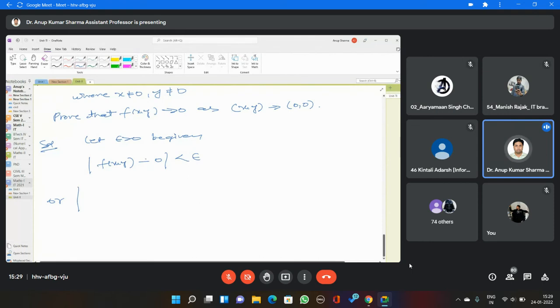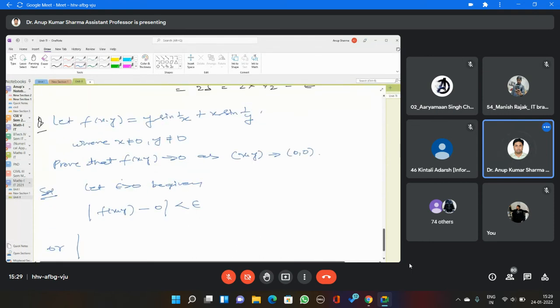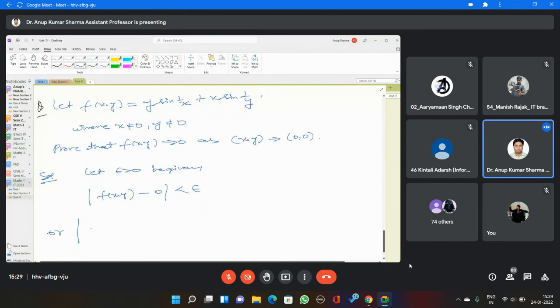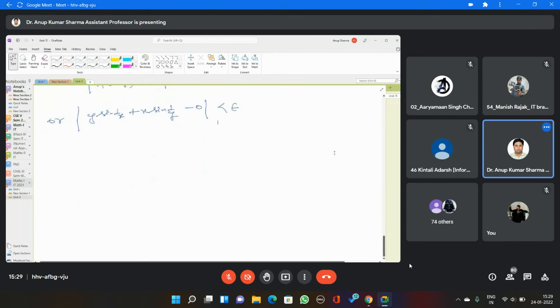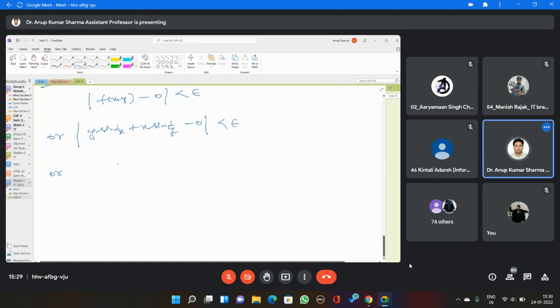Now we write the function: y sine of 1 upon x plus x sine of 1 upon y, minus 0, less than epsilon. So after that, we can write it in two parts.